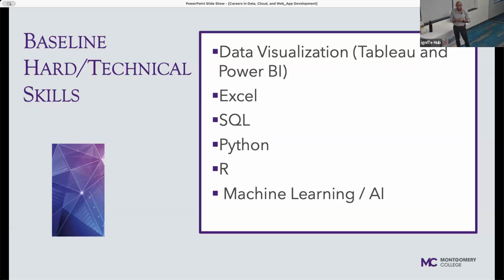Python and R. So SQL, before we go into Python and R, SQL is basically a programming language. It's not a developing language. You cannot create applications in SQL. SQL is just a language that you use to query databases. Okay, this is the language. This is how you ask the database.